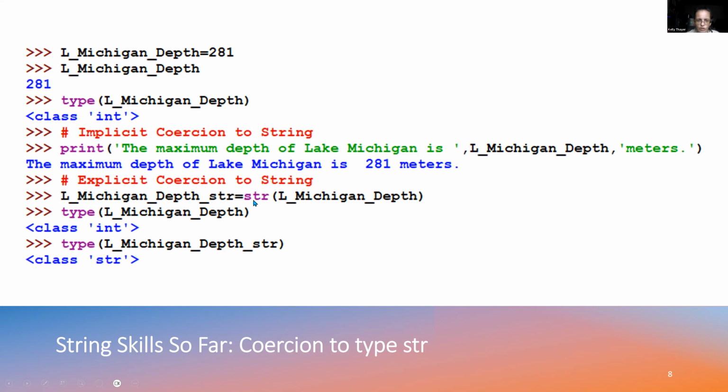So we've called str on the Lake Michigan depth explicitly, and then we can verify that the original Lake Michigan depth had been an integer, right? So Lake Michigan depth is still an integer because we're capturing this in a different variable, and then we can check the type of our string variable, which should be the string equivalent, which it is, which we can verify here. So of course, type is very helpful in verifying the type that things are.